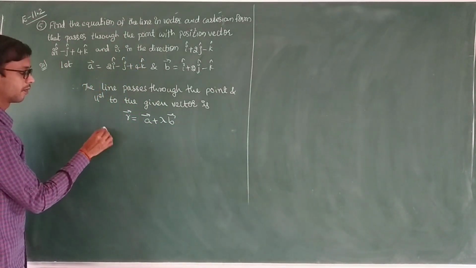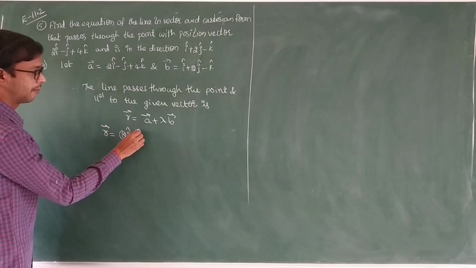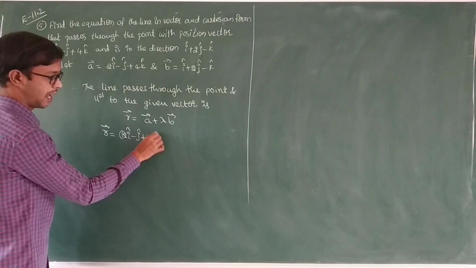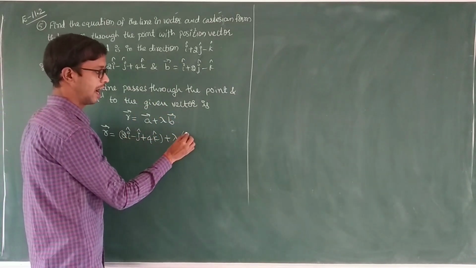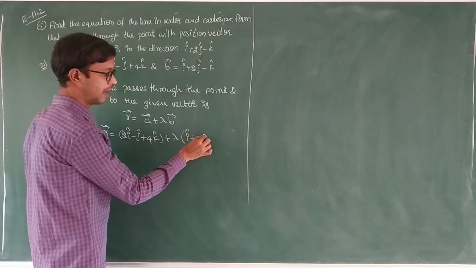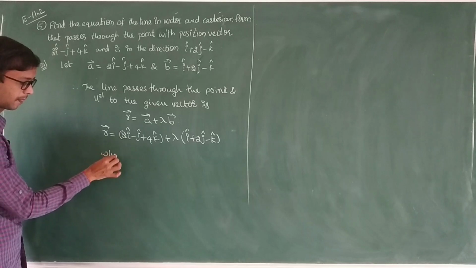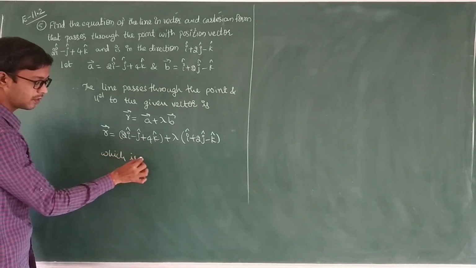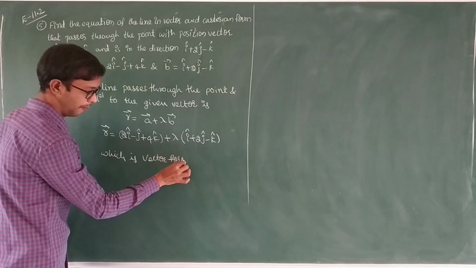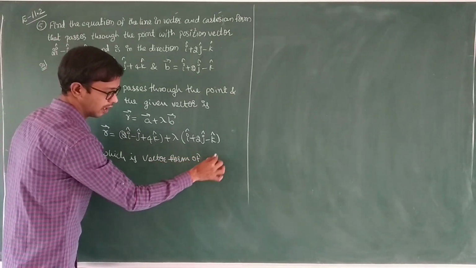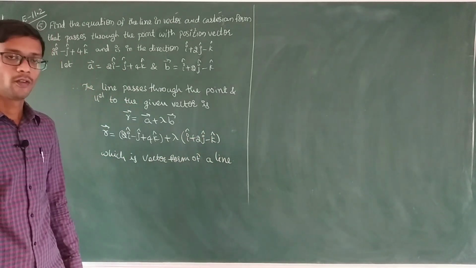Just substitute here. R bar is equal to 2 i cap minus j cap plus 4 k cap plus lambda into i cap plus 2 j cap minus k cap, which is the vector form of a line.